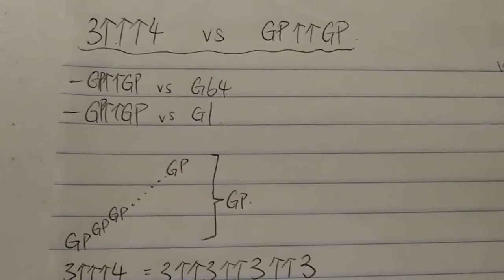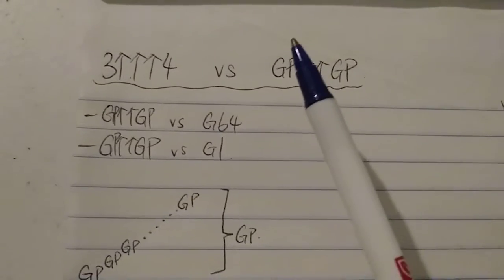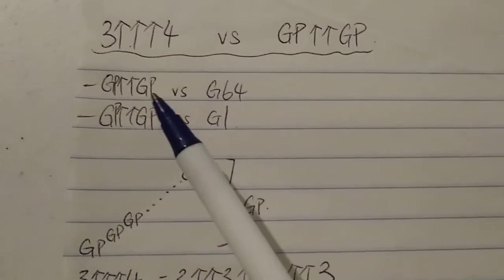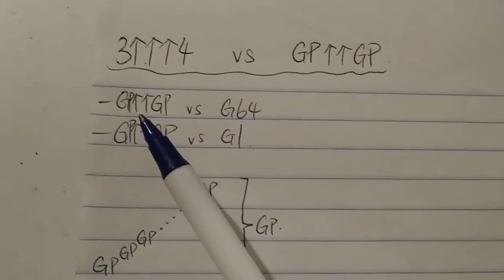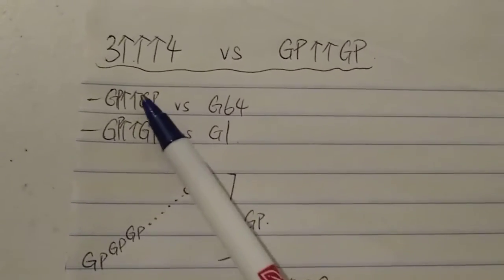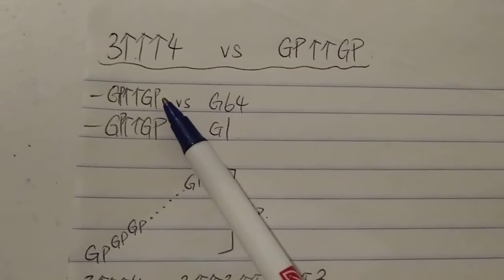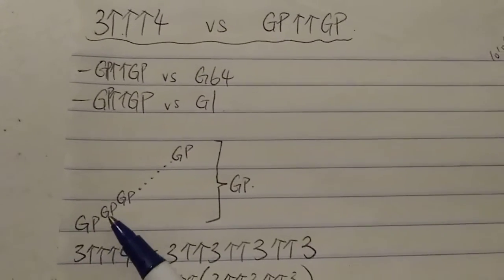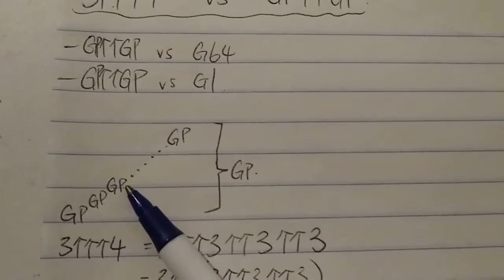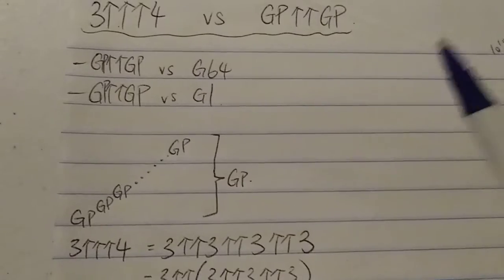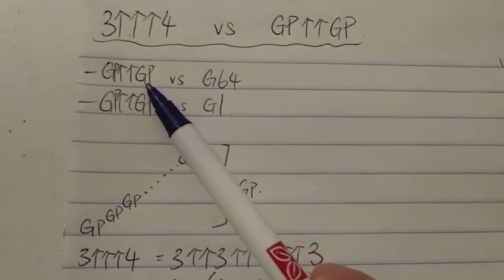So let's get started. If you have watched my other videos before, you would know I already made videos on Googolplex double arrow Googolplex, because this is basically Googolplex to the power of Googolplex to the power of Googolplex, and so on, for a Googolplex number of times. This is the definition.